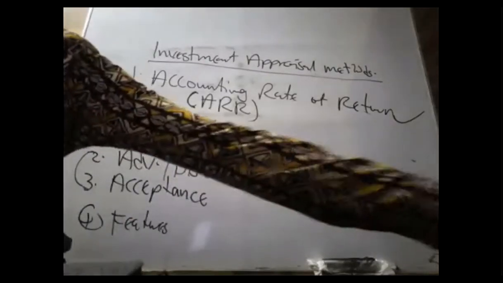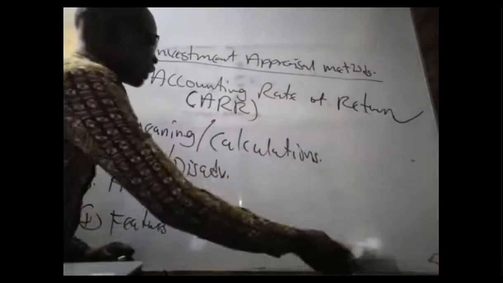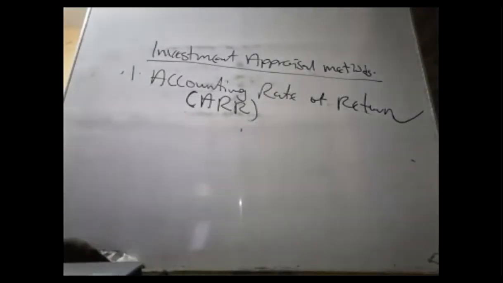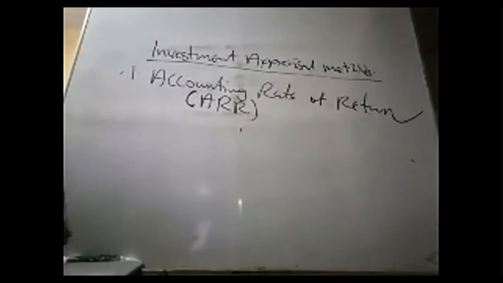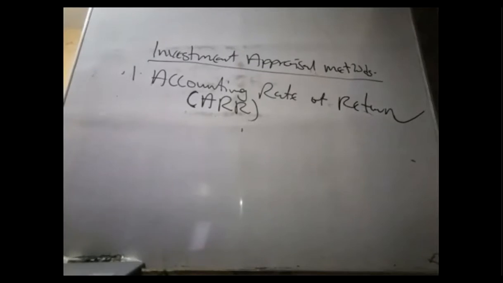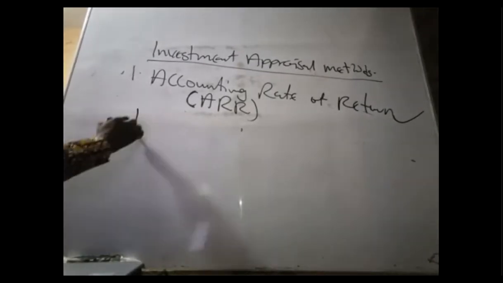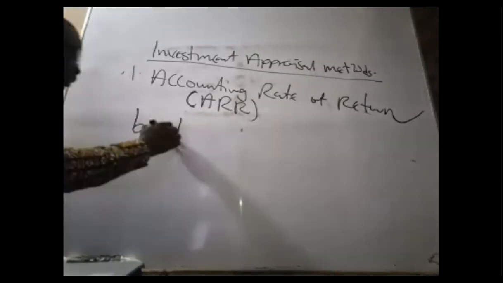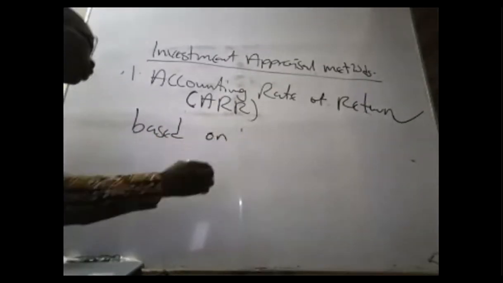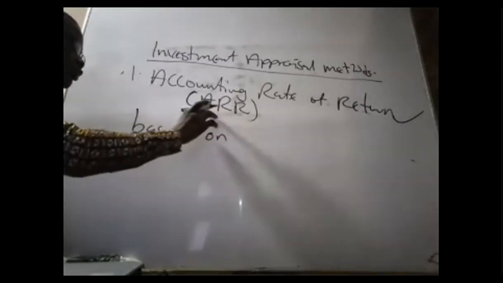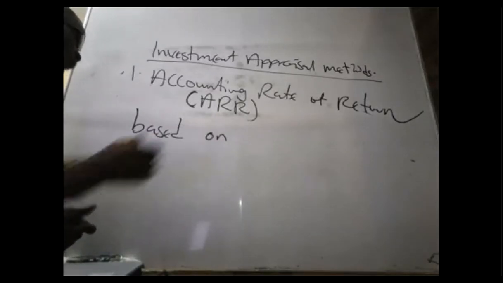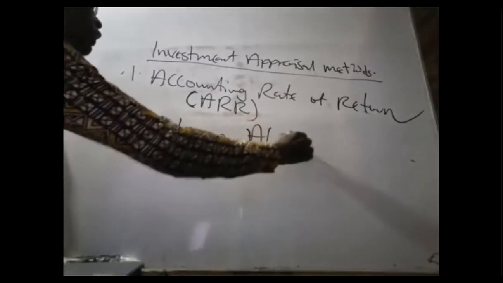Now, when you pick the accounting rate of return, as the name suggests, this method uses the accounting profit that will be generated from the project. So tell the examiner that here the project will be assessed based on the accounting profit.